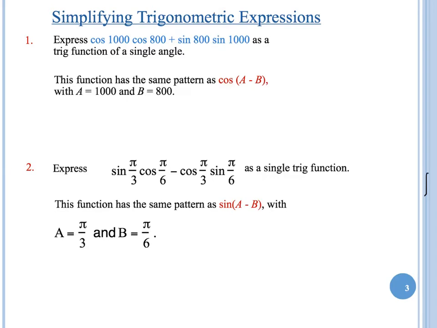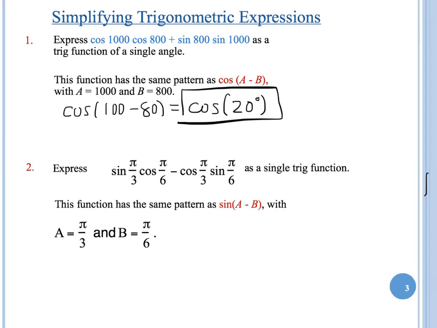And we have cosine, cosine plus sine, sine. So cosine, cosine is for the cosine formula, and then with a plus in there, it's actually the cosine subtraction formula. And so we are going to take cosine of 100 and subtract 80. And so we wind up with cosine of 20 degrees.